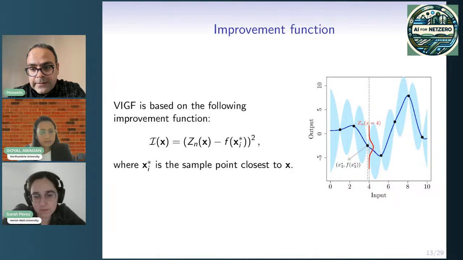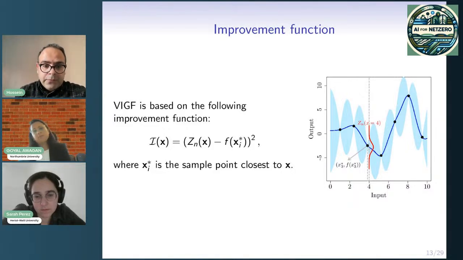The closest sample point that we have already observed is this point, not this one or that one. This one is the closest. So this improvement function measures the difference between the Gaussian distribution at this location and the observed value, x star 3 and f of x star 3.